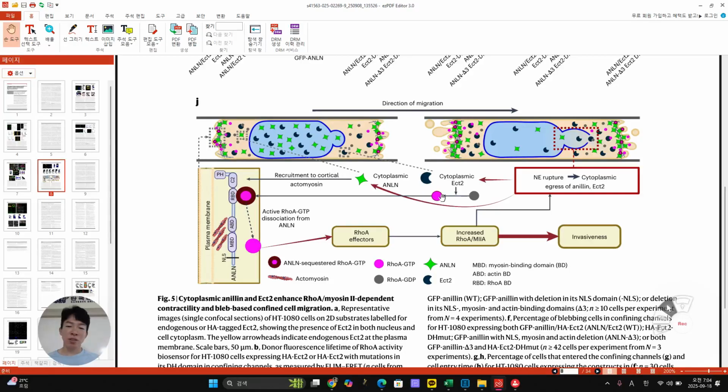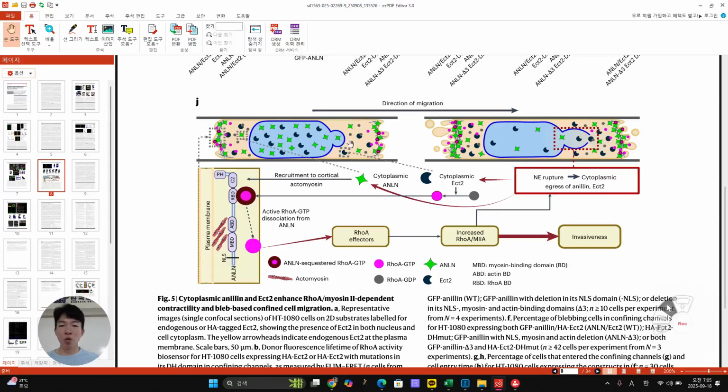So this RhoA GTP is sequestered, and when it is released, the myosin binding to the myosin binding domain is activated because they are closely localized. Because of that, RhoA GTP is finally working, so the RhoA effectors work. This RhoA effector increases RhoA and myosin 2 activity, and then the cells start to migrate.